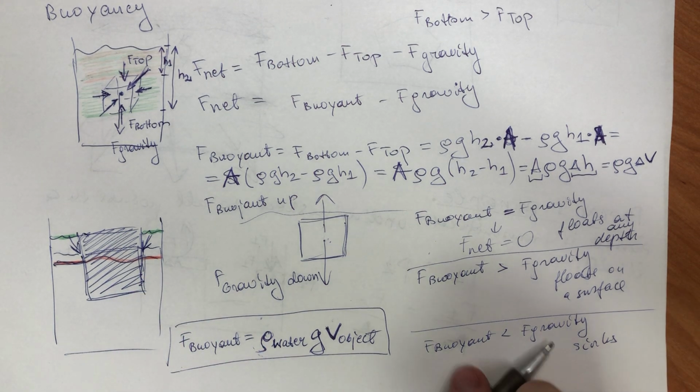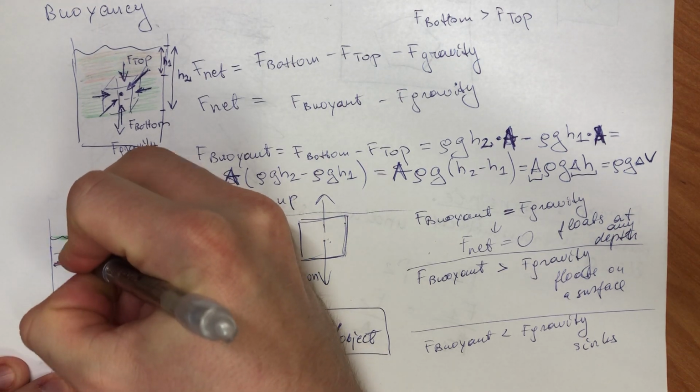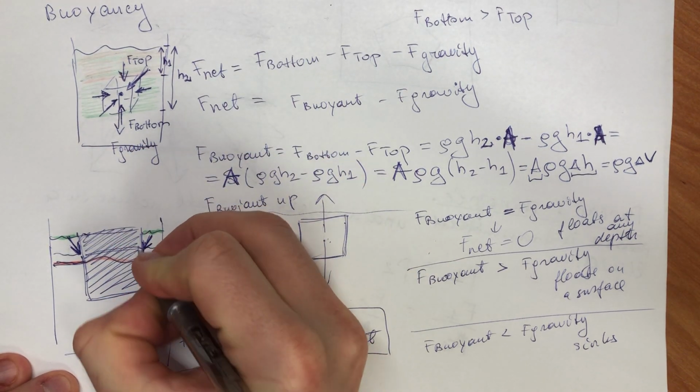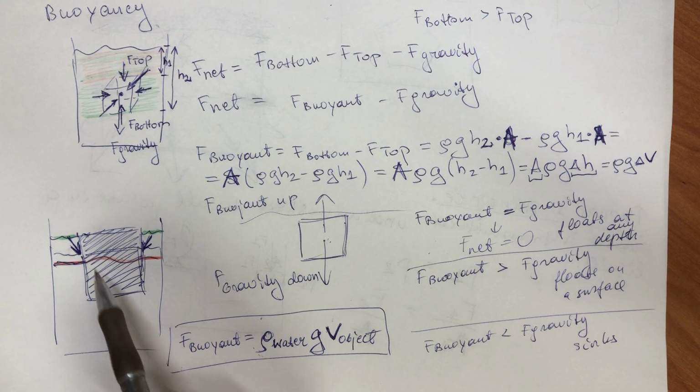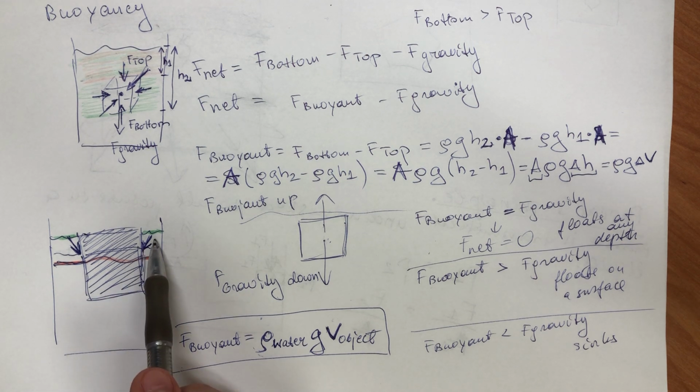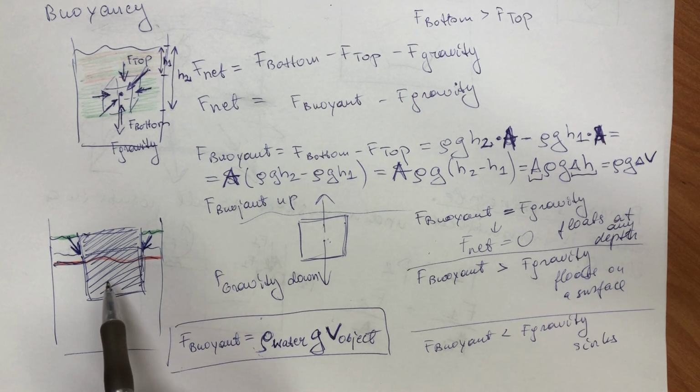Water tends to come back to its place and pushes this chunk of metal up. But it depends whether the displaced volume is sufficient to produce that buoyant force. If it is sufficient, then this object floats.